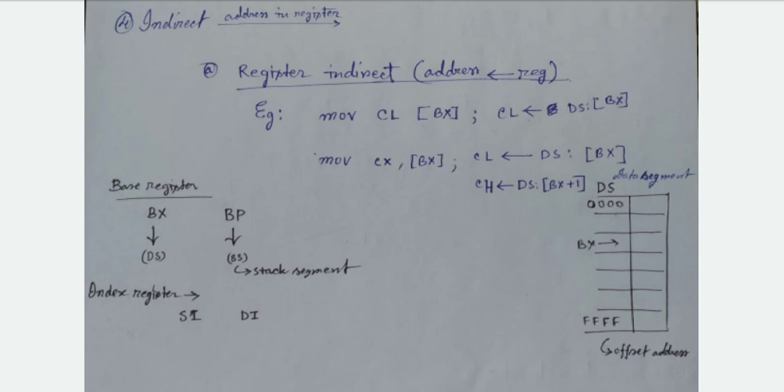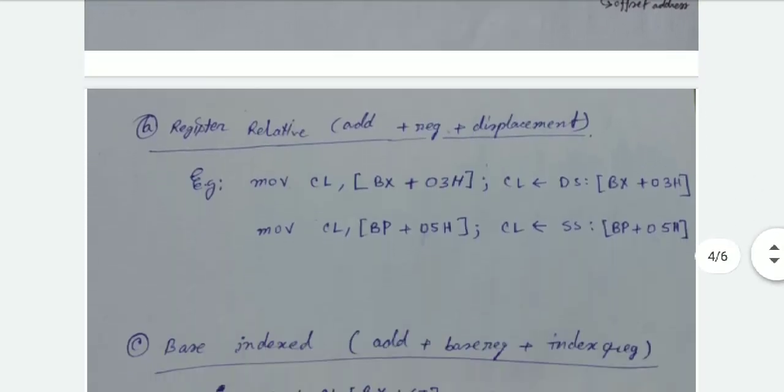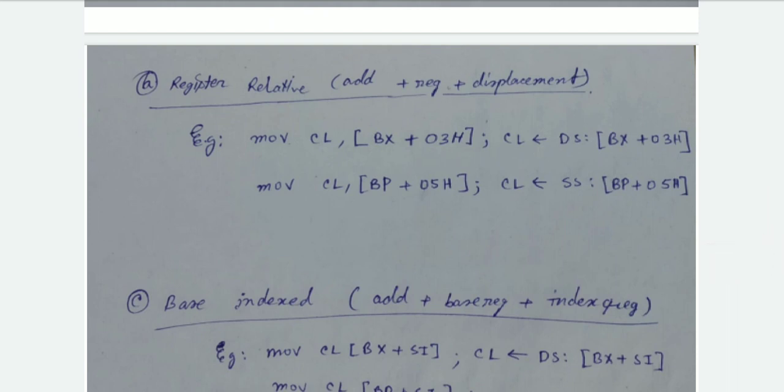So come to the next point, that is register relative indirect addressing mode, where the address is obtained by the register plus displacement. Suppose a data segment starts from the location 3000. What do you do at first? You just initialize BX with the location 3000.